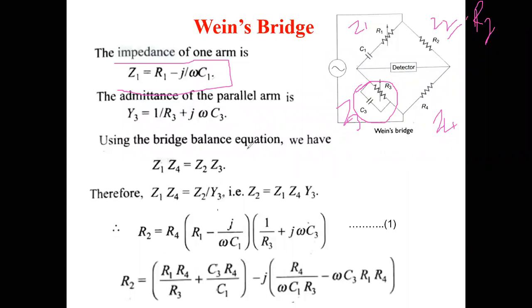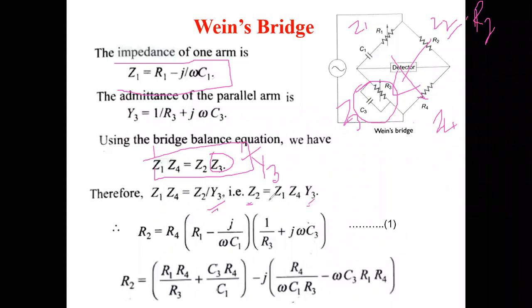Now using the bridge balance equation, Z1 Z4 is equal to Z2 Z3, but Z3 is equal to 1 by Y3. Therefore Z1 Z4 is equal to Z2 by Y3, and this implies Z2 is equal to Z1 Z4 times Y3.